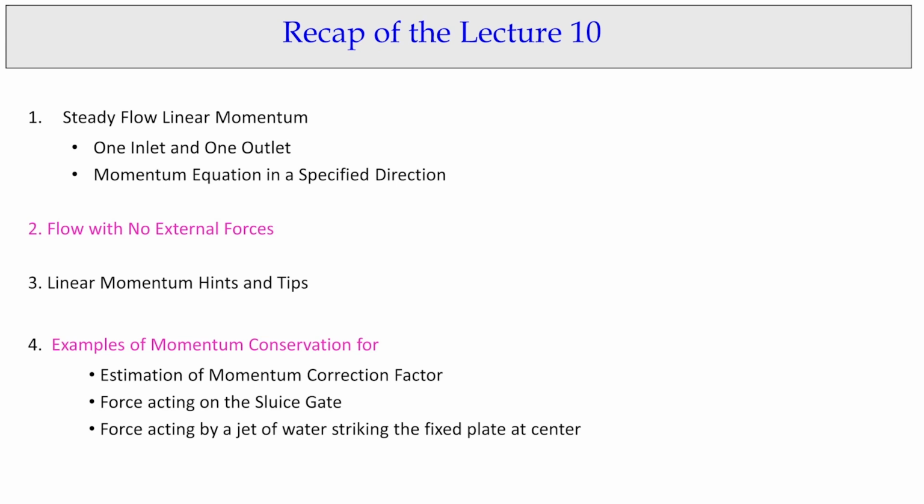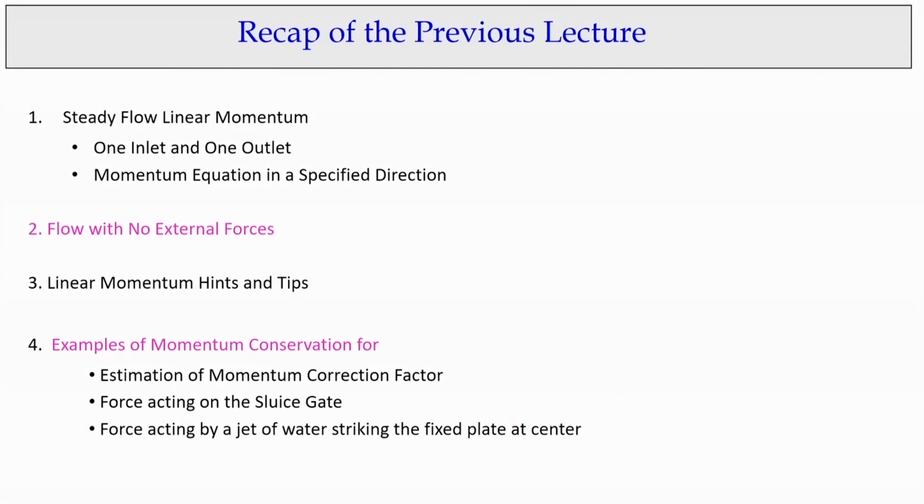We discussed how we can approximate the linear momentum equation from the Reynolds transport theorem to specific cases like one inlet, one outlet, which is a very simplified problem. And second, as you know, the momentum equation is a vector equation, but in many cases we can solve the problems by equating the momentum equation in specified directions.